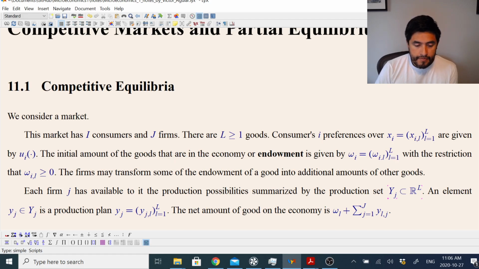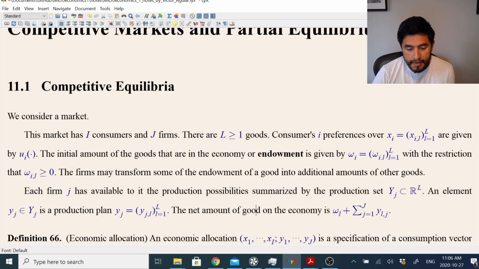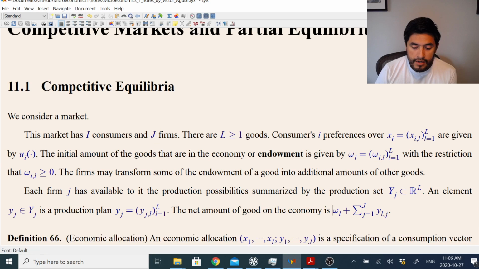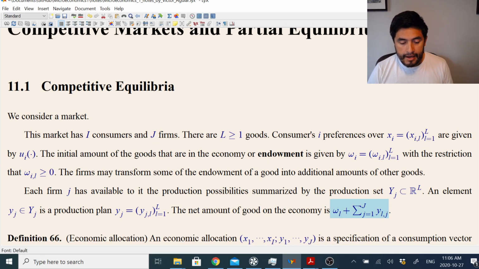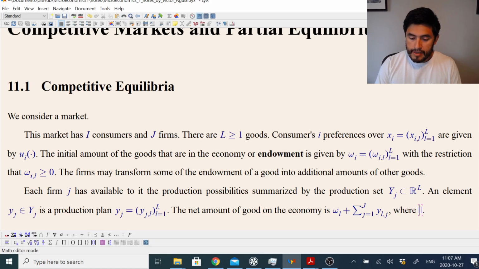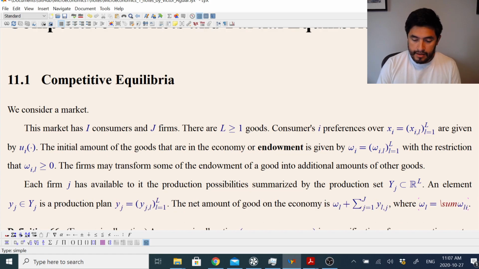Now, the important thing here is that the net amount of a good in the economy is the summation of the total endowment of each good. Notice that we're using a particular notation according to Mas-Colell, where omega_l is the summation over the entries omega_li over all i in the market.